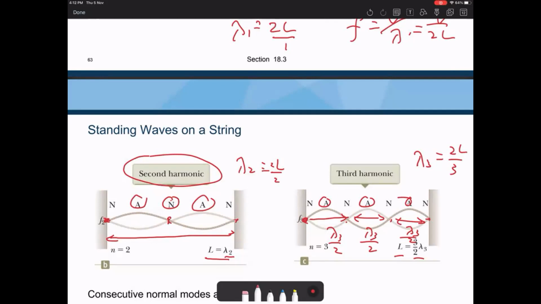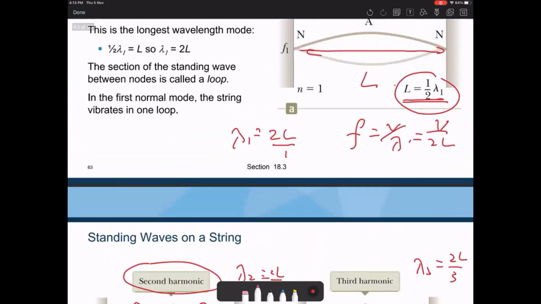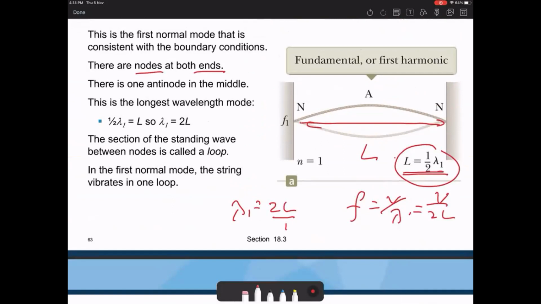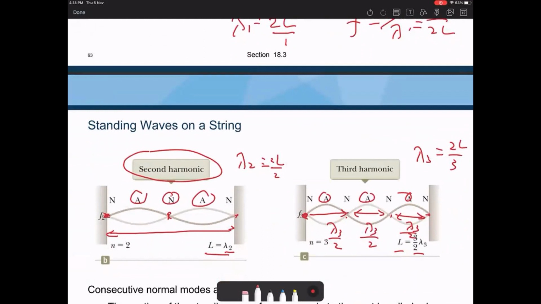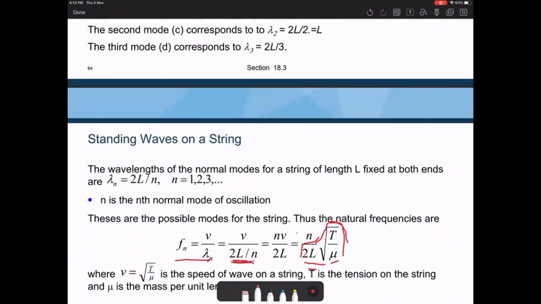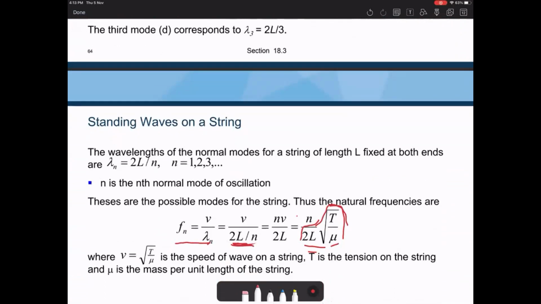So if you want to have a fundamental oscillation, you have one antinode in the middle. If you want a more complicated scenario, you could introduce more and more nodes in the middle of the string. The corresponding frequencies of the various standing wave patterns could be calculated like that. They all follow the same pattern, where Fn is equal to N times F1.